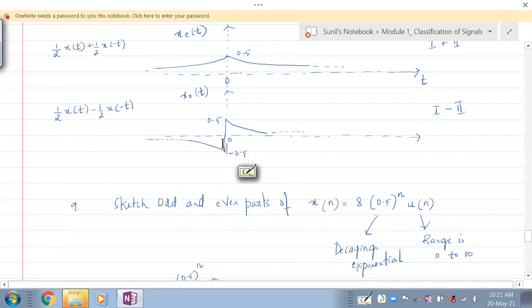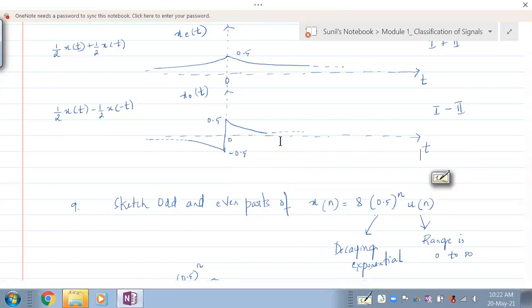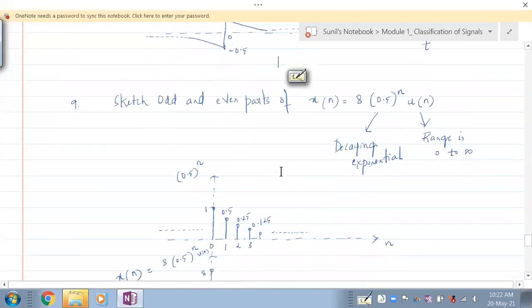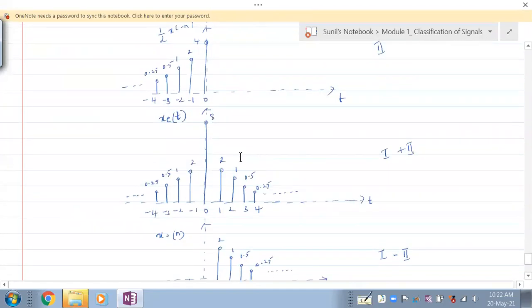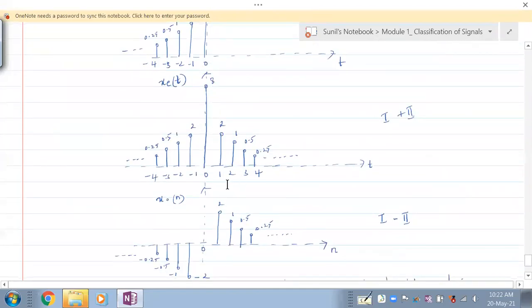No. So the values at t equal to 0 would be such that the algebraic sum of these values should give you 0 at t equal to 0. So you should understand at t equal to 0 or n equal to 0, the odd signal will have a 0 value. Okay, so that is what is visible here. So this is even signal and this is odd signal. Is that okay with you?